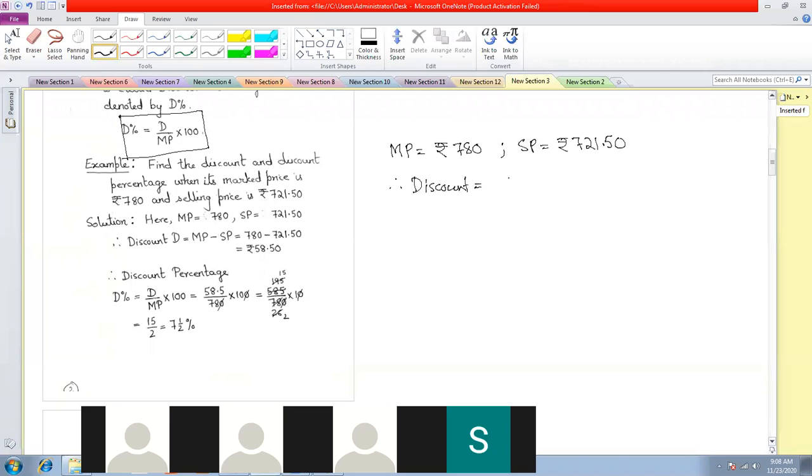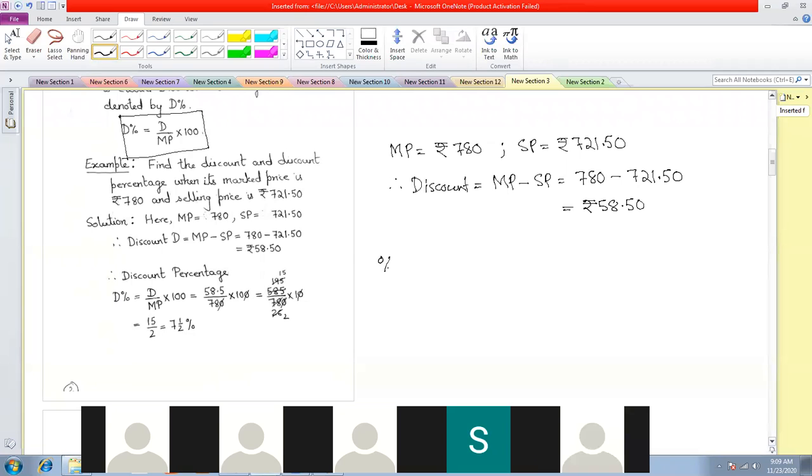The discount here is mark price minus selling price: 780 minus 721.5, and this is 58.5. Discount in rupees.